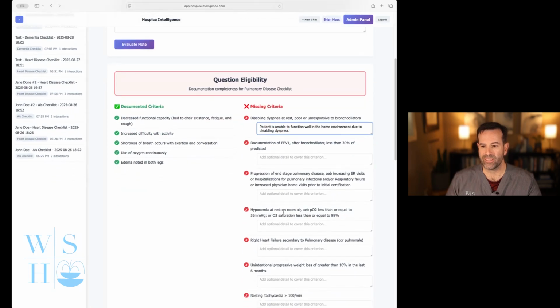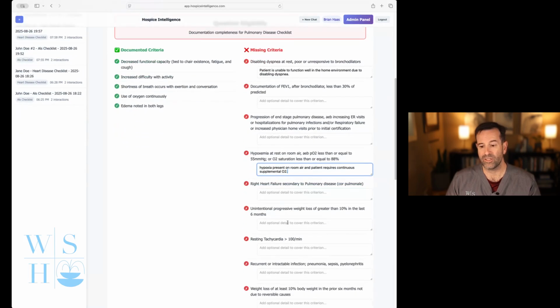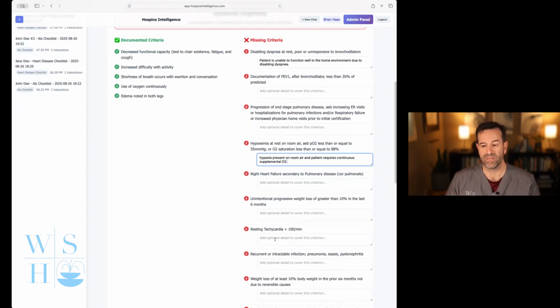Next, we can come down here to the hypoxemia at rest on room air, and we can add that in. Next, we can continue to move down, and this is where we find resting tachycardia. I would assume, based upon the report that I'm reading, that this patient probably has some level of resting tachycardia. So heart rate is frequently above 100 beats per minute when sitting.